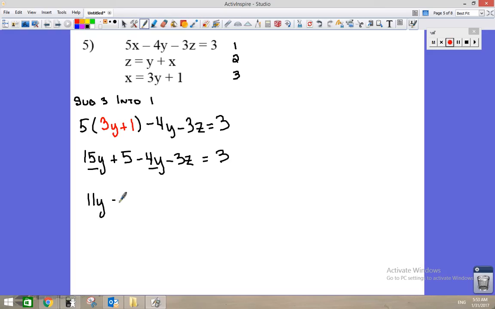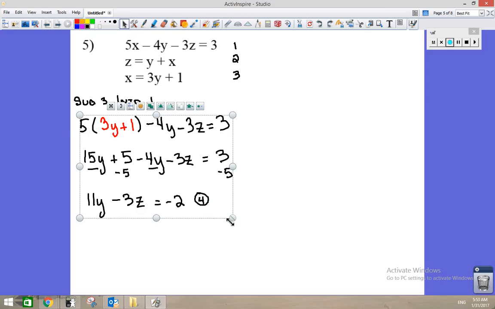Then I've got this minus 3z. This 5, I'm going to subtract 5, so it'll cancel. And if I do that to balance the equation, I have to subtract 5 from the right-hand side. Alright, so if I call this equation 4, I need to give myself a little bit of room.